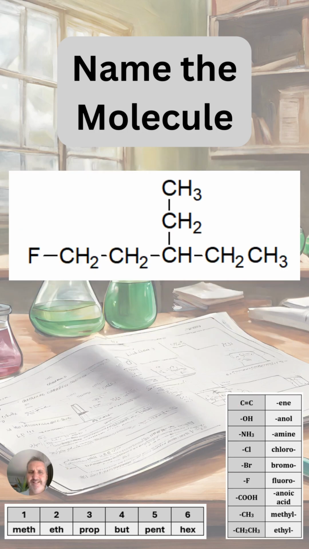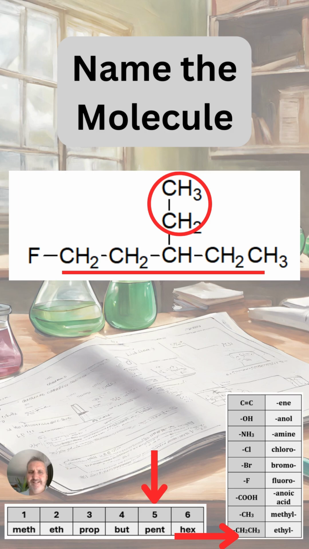Okay, so let's have a look at this molecule. There's quite a lot of carbons here. We can see the longest chain with the fluoro functional group, the fluorine on it, has 5 carbons in it, so this is going to be a pentane. We can see coming off the middle, the 3rd carbon, is an ethyl group, and coming off the 1st carbon is a fluoro.